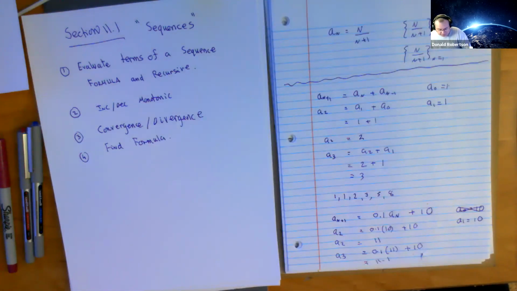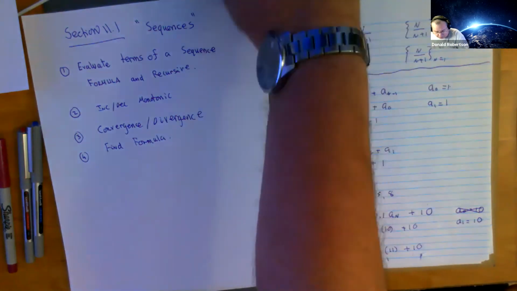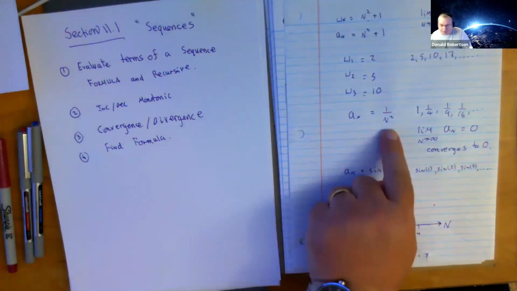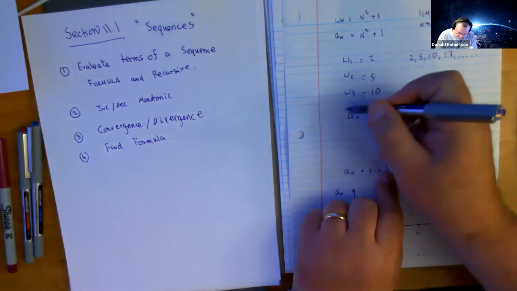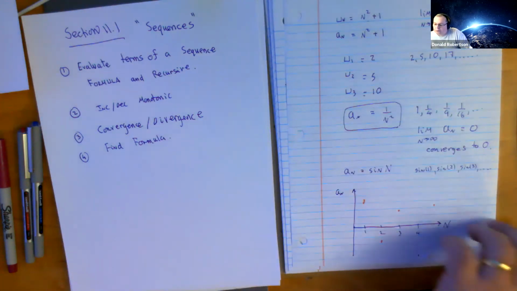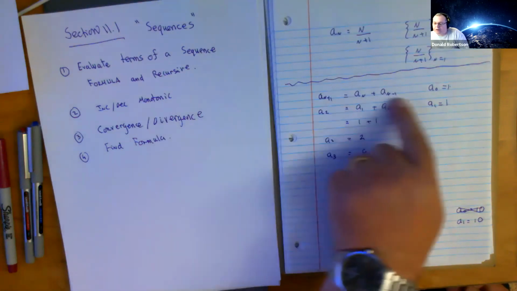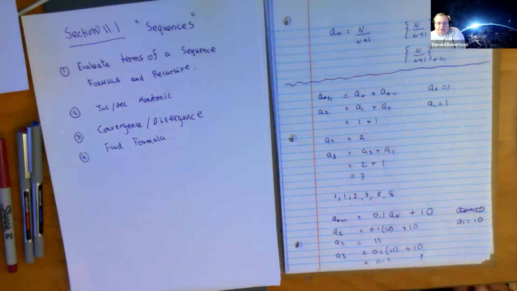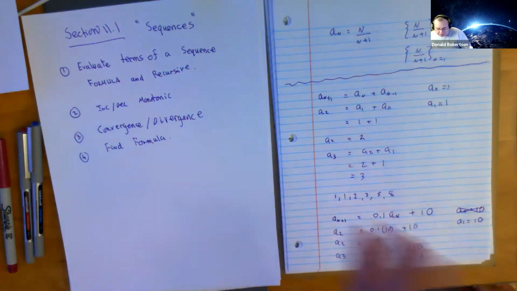So if I give you a formula in the usual sense, like something like this, do you feel comfortable about finding the first 4 or 5 terms? If I give you a recursive relationship formula like this, you feel comfortable about the first 5 terms. Now, there are differences between these two ways of describing a sequence.